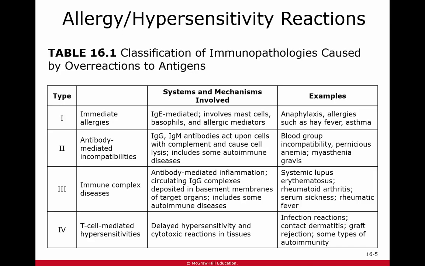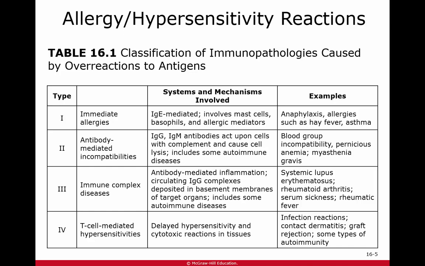IgE is associated with parasitic worms and allergies. It involves mast cells, some basophils, because remember basophils are the ones that secrete those chemicals like heparin and histamine, and then allergic mediators as well. Examples of immediate allergies that we're going to see: anaphylaxis, hay fever, asthma, those types of things.